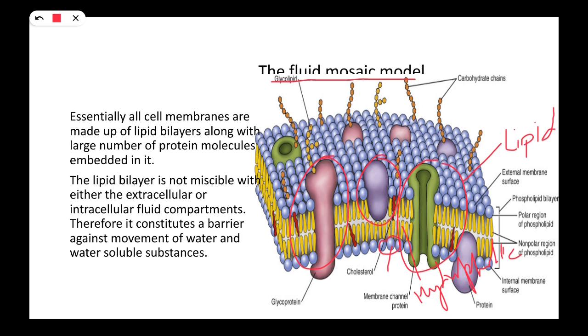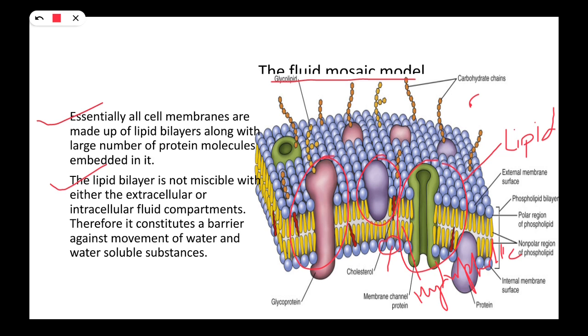Essentially all cell membranes are made up of a lipid bilayer along with a large number of protein molecules embedded in it. As we can see, the lipid bilayer is not miscible with either the extracellular or intracellular fluid compartments. Therefore, it constitutes a barrier against movement of water and water soluble substances. Lipids, as we know, are oily substances which are immiscible in water.